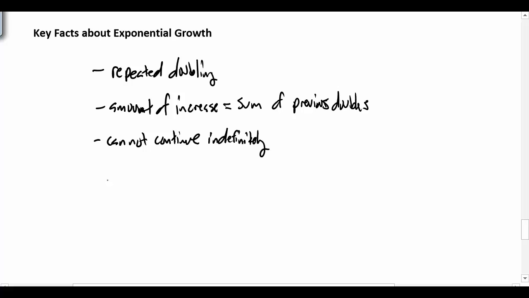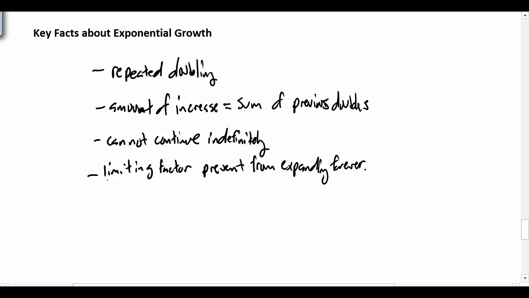There's some sort of limiting factor that would prevent it from continuing to expand. And sometimes we actually don't know what that is. We don't know what makes it stop, but we definitely can track it in the short run.